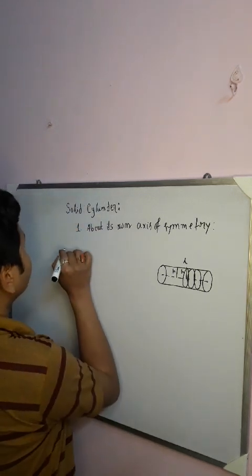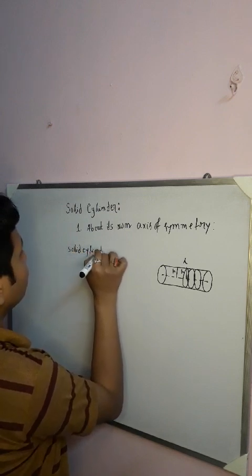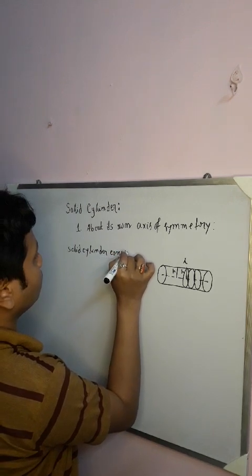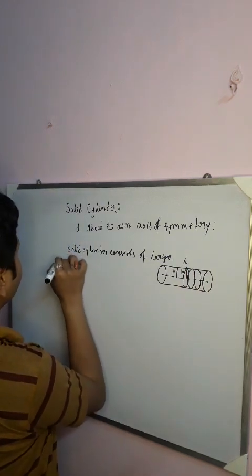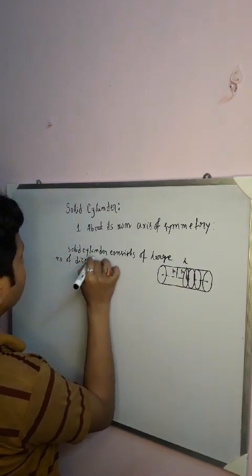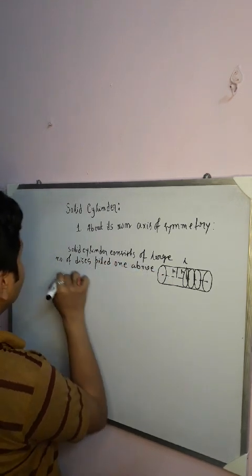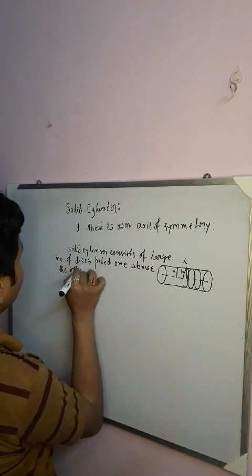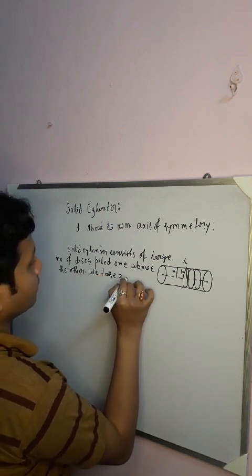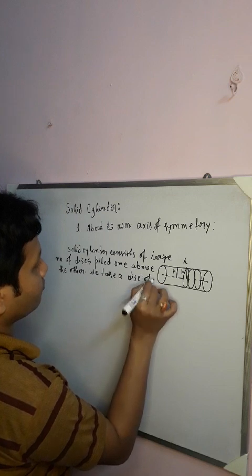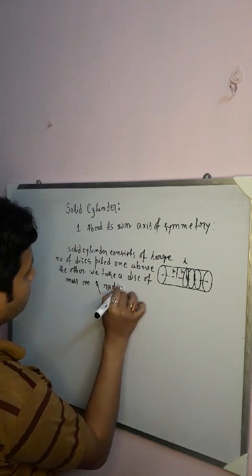So the solid cylinder consists of a large number of discs piled one above the other. We take a disc of mass m and radius r.